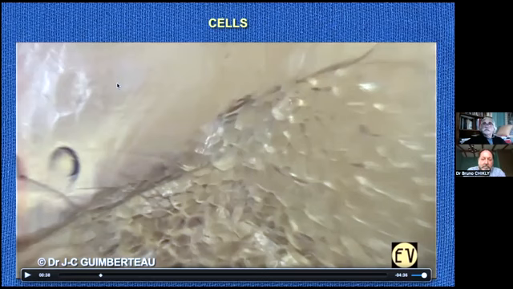Because in some parts you have no cells, and even then you have a shape and form. A sheet of fibers on the left. Because fibers are everywhere.